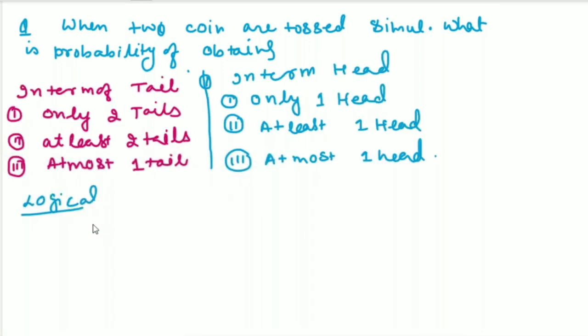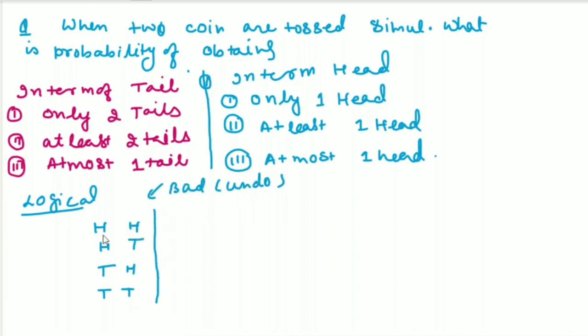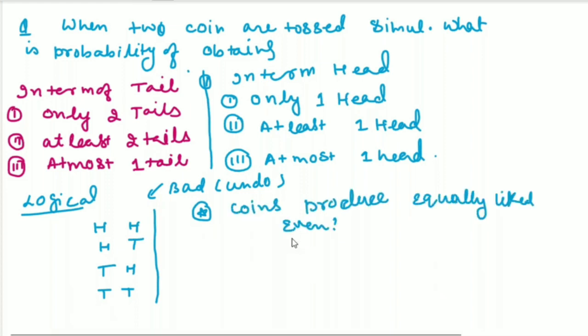Whenever we have 2 coins, sir, the 2 coins will always give outcomes in terms of head head, head tail, tail head, tail tail. So I will not give you more build up here. One method was this. Before I go further, I want all of you to make a note that coins produce equally likely events. Equally likely means the chances of both coming are equal.